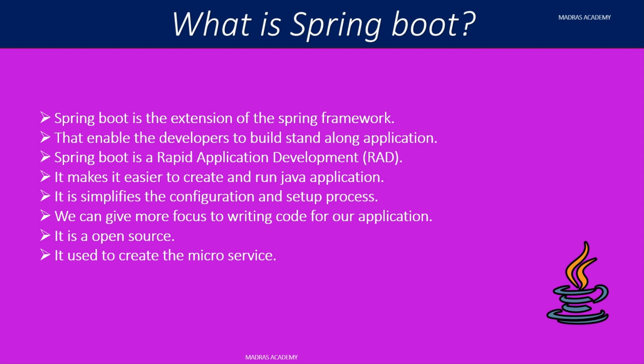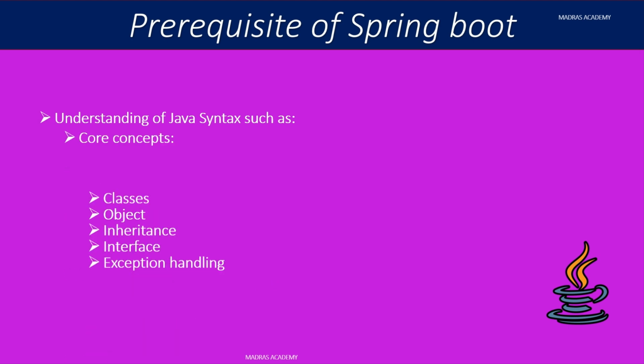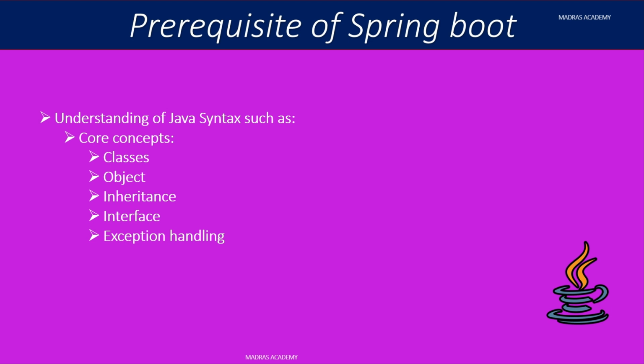So before learning Spring Boot, what are the prerequisites we need? What are the concepts we need to learn? Understanding Java syntax, such as the core concepts, classes, objects, inheritance, interfaces, and exceptions.